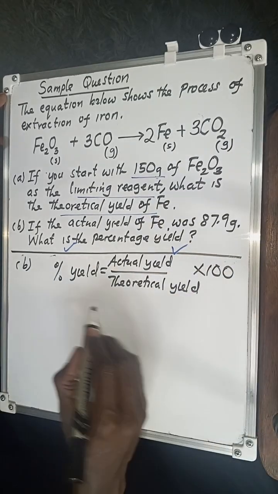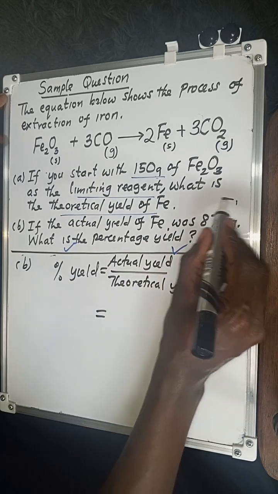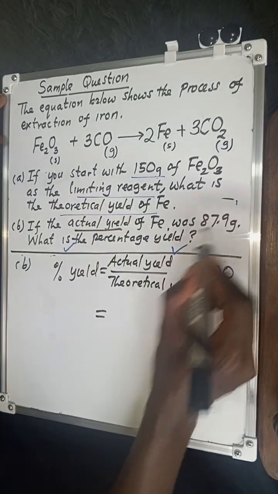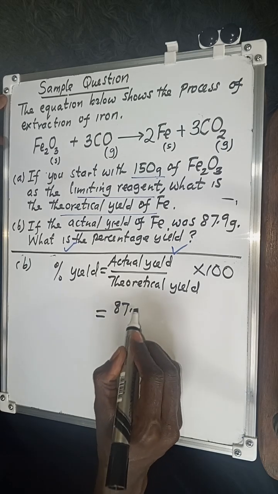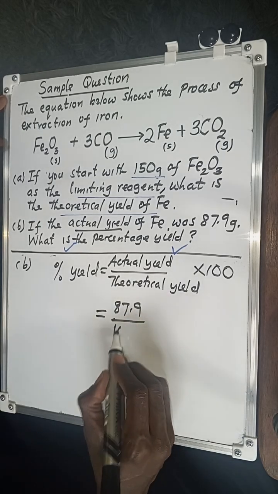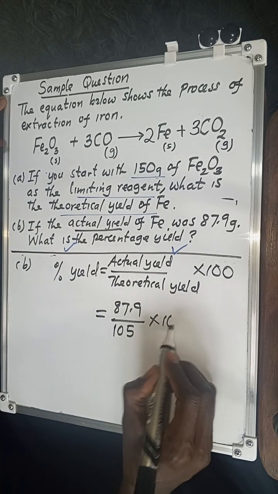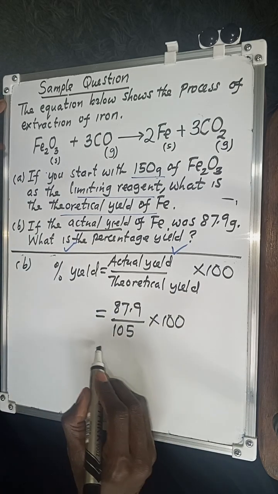The actual yield they have told us is 87.9 over the theoretical yield that we got in part A, which was 105, then multiply by 100%.